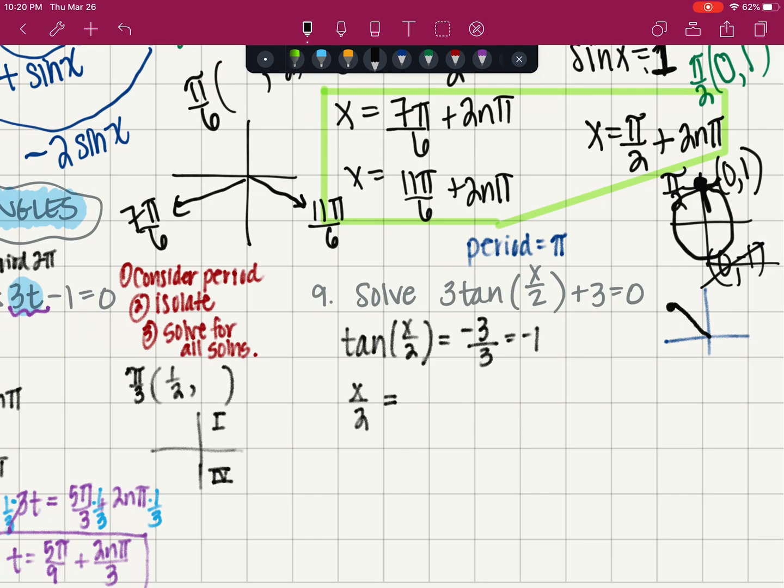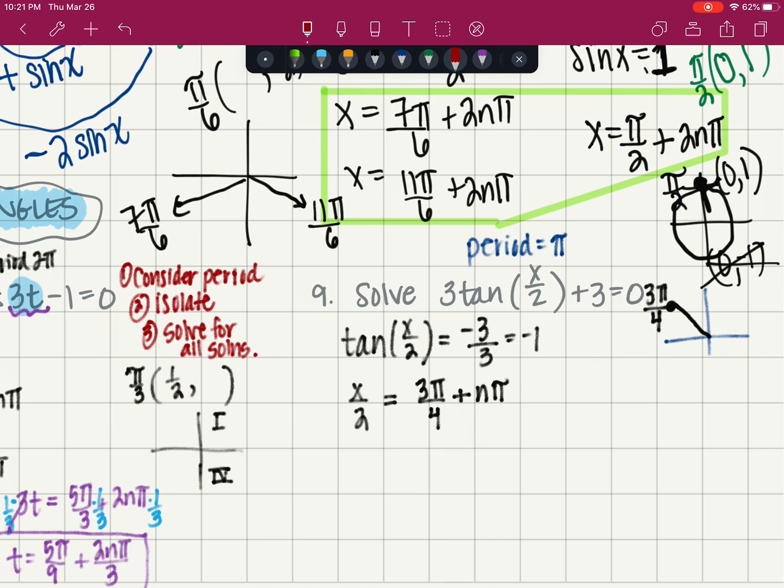So x and y are the same value at 3 pi over 4 with opposite signs, making it a negative 1. x over 2 equals 3 pi over 4 plus n pi. So we only have one equation, and that's because the period for tangent is pi.